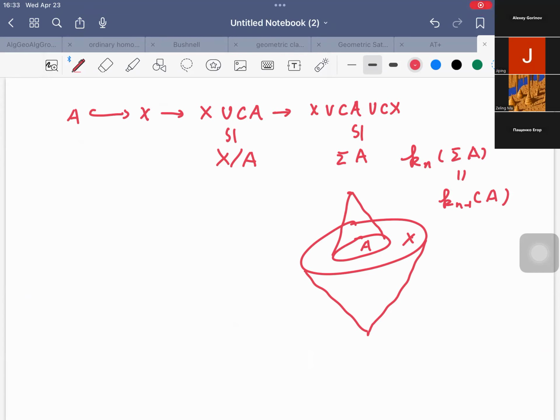The exactness follows from the exactness of a single K n plus the suspension isomorphisms. Because you can add another exact sequence on the left or on the right.